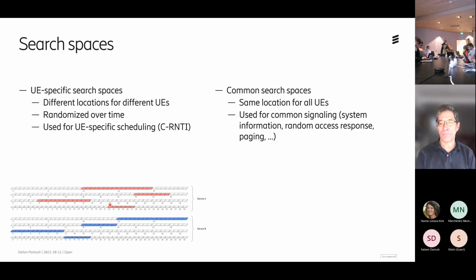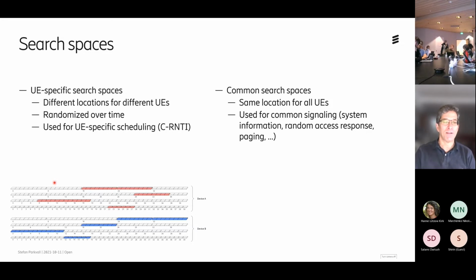It's not trivial. So from a network perspective, of course, I would like all UIs to check all aggregation levels at all positions all the time. Then I have the full freedom on the network side. But then on the other hand, the UI would be very complex and have to look at many different places and do a lot of processing.